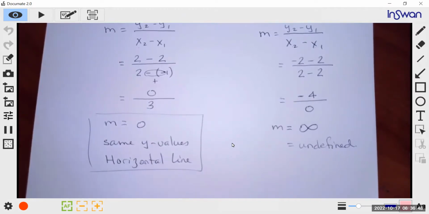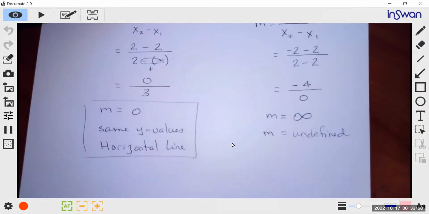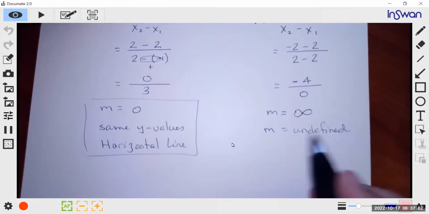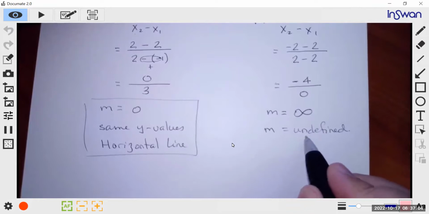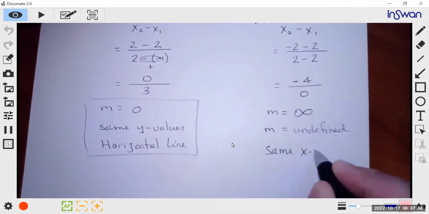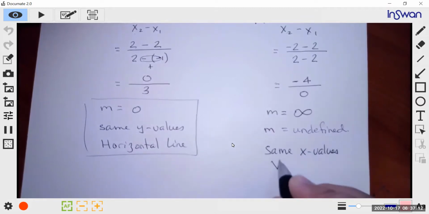I know my slope is 0. If my slope is undefined, then I know I have to have the same x values. And I have a vertical line.